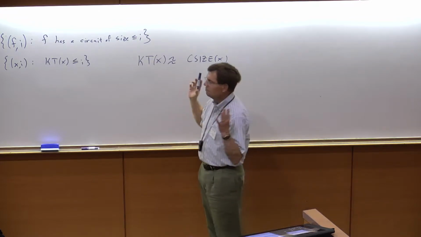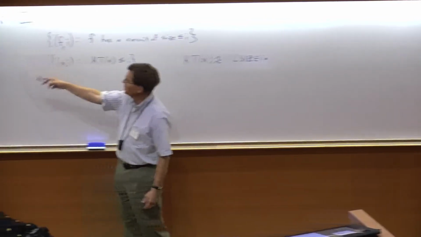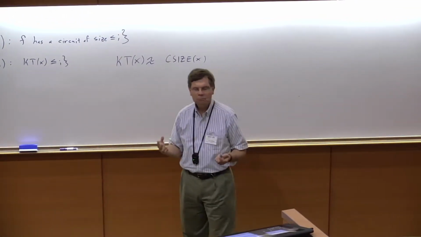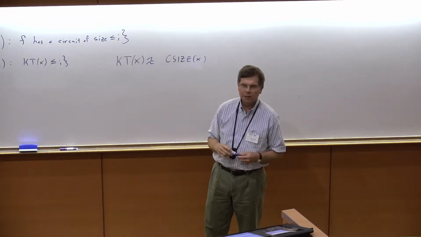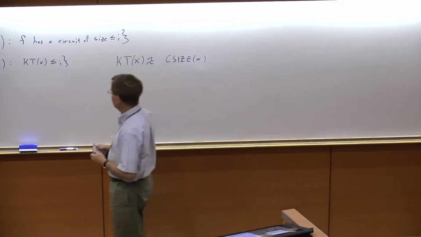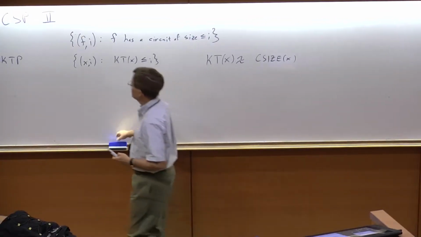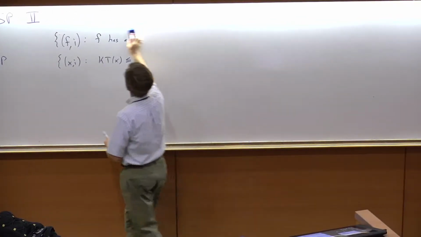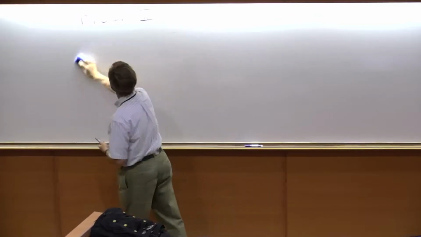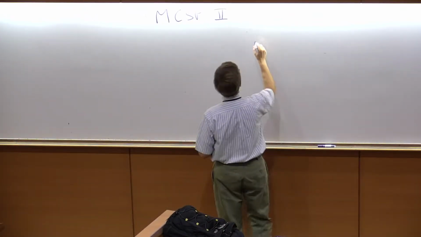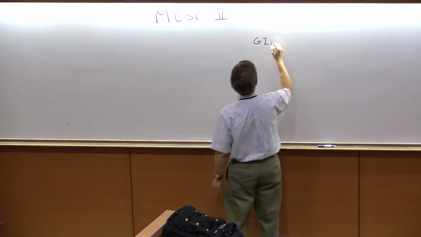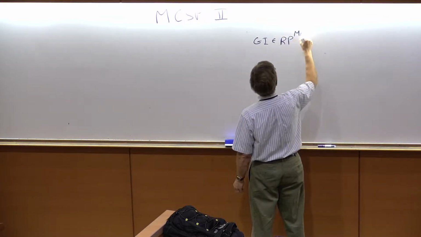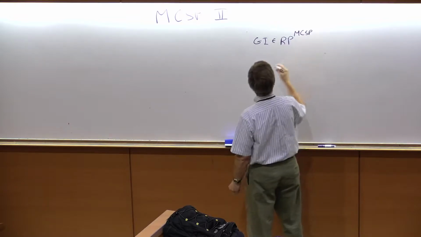And last time I gave history motivating these problems, but I didn't actually prove any hardness results. So let's start by proving a result that I just mentioned briefly last time, which is that graph isomorphism is in RP relative to MCSP.